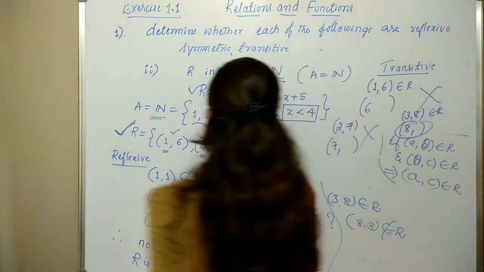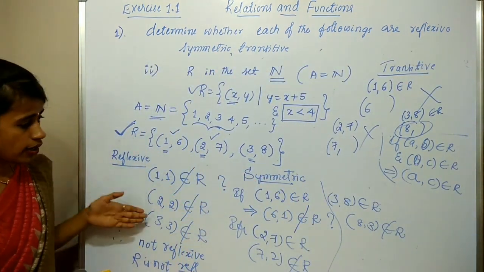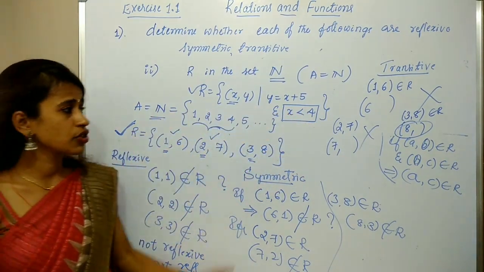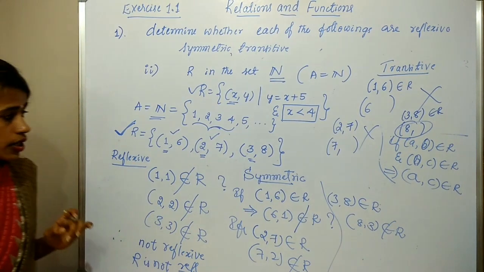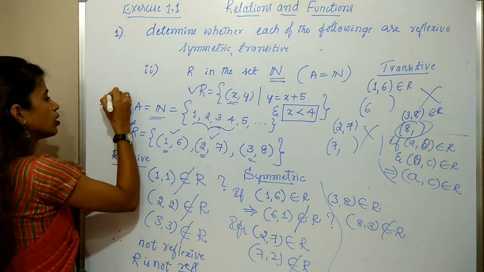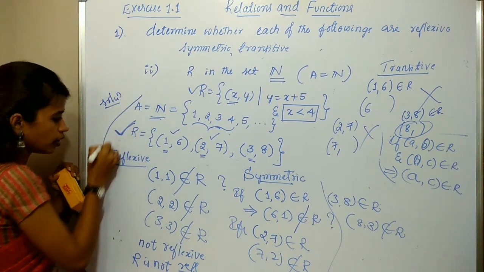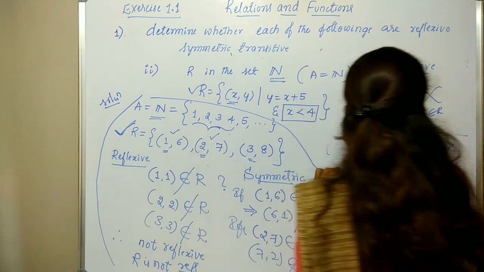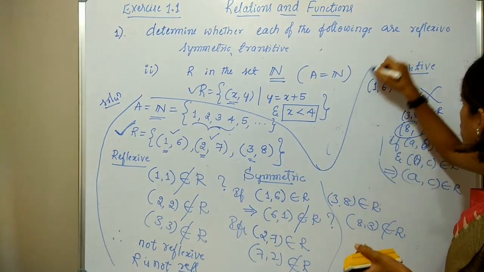So this example is neither reflexive, nor symmetric, nor transitive. Is it okay? Take the solution from here to here.